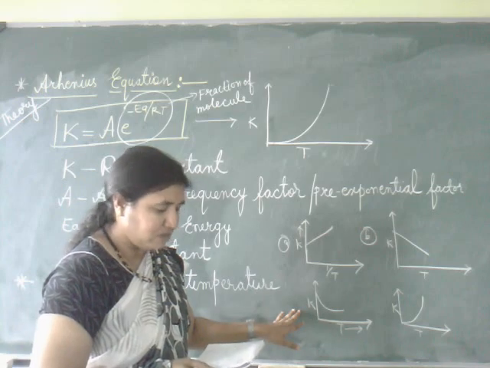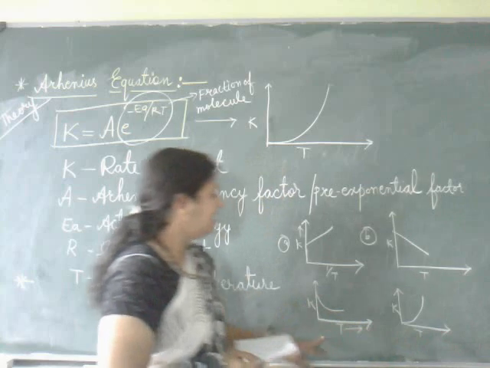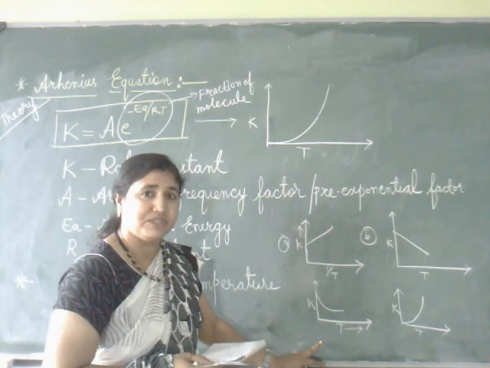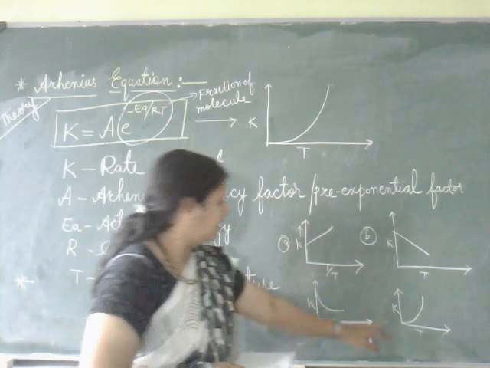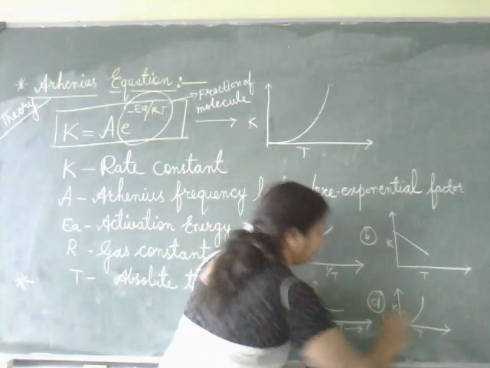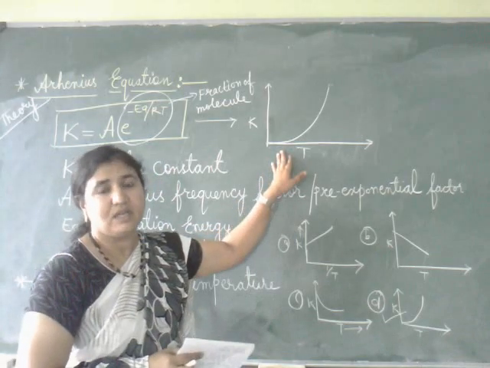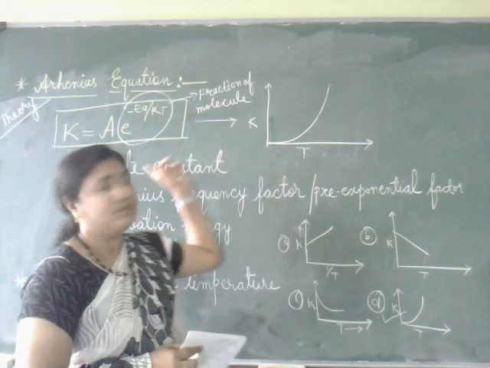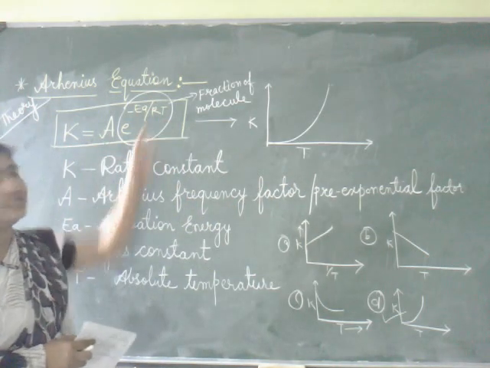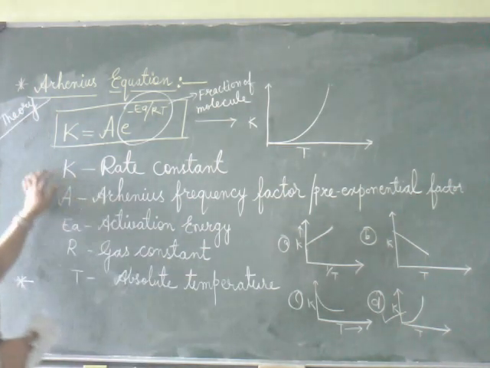The plot that follows the Arrhenius equation is which? Option D shows the Arrhenius equation, so option D was the correct option. So remember this point: according to Arrhenius, rate constant increases with increase in temperature, and it increases exponentially.